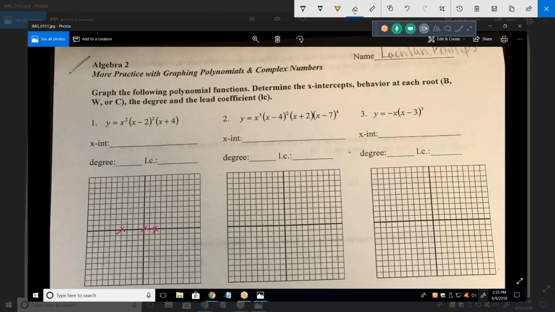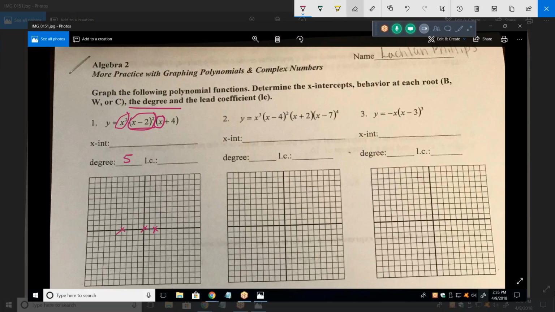Now, what's the degree? Would it be 4? What's that going to produce? An x squared, correct? So we're going to have 1x squared times another x squared, which is x to the 4th, times another x, x to the 5th.